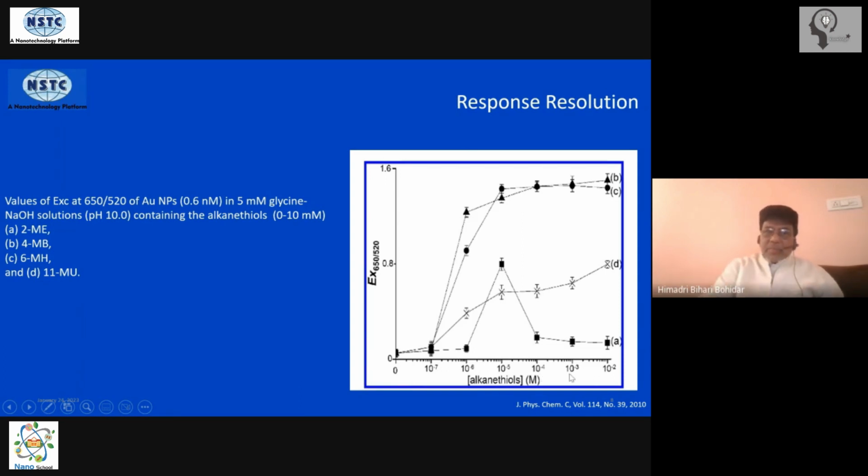This is basically the mercaptoalkanol family, also called alkane thiols. And you see that for A, which is 2Me, with the ethanol, the signal peaks very nicely here at a particular concentration, so it makes it detectable.